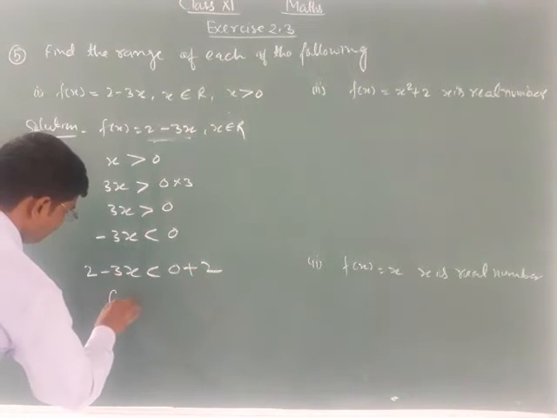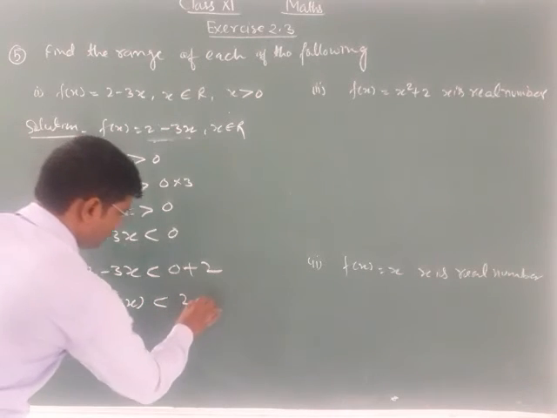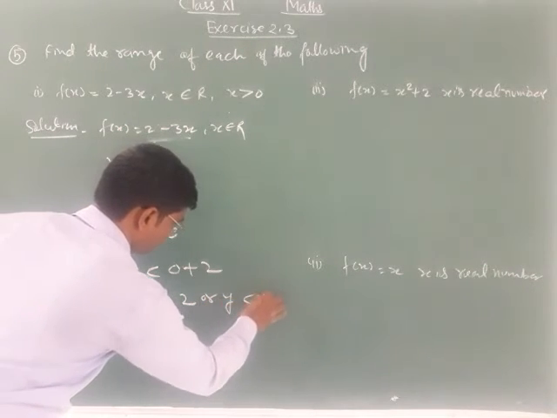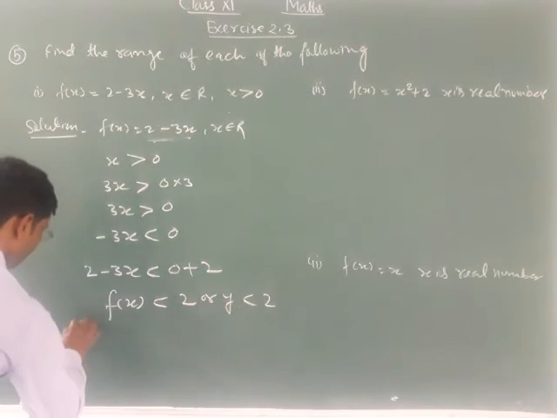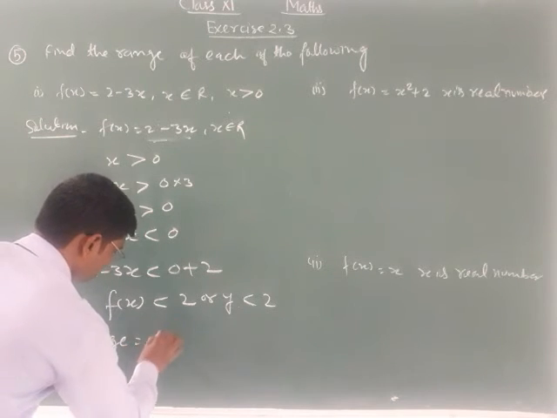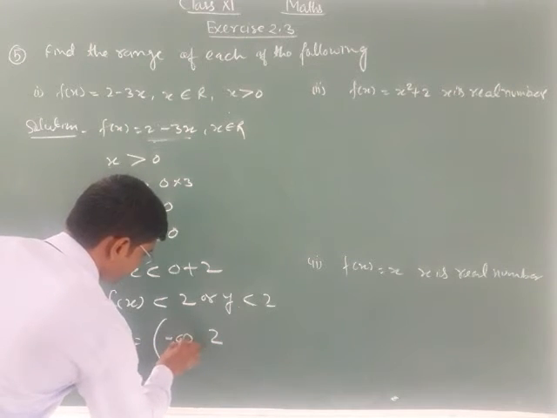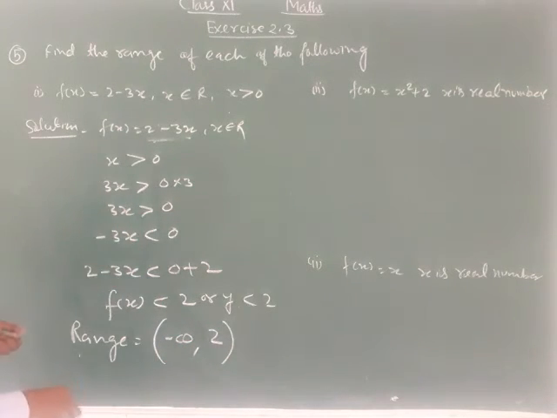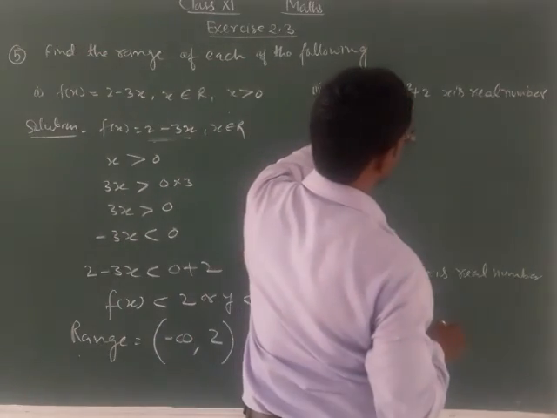So this is f(x) less than 2, or y less than 2. The value of y is less than 2. So the range is (-infinity, 2). This is the range.